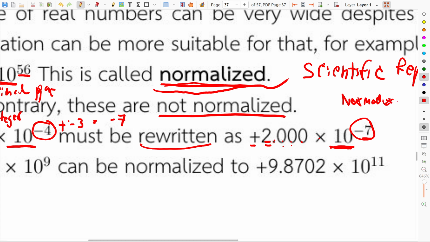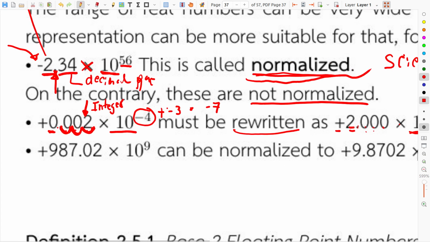Alright. How about the second example? Positive 987.02 times 10 to the 9. It is also not normalized because this part is not a single digit. So we have to shift the decimal point 1, 2, to make it a single digit, to become 9.8702.